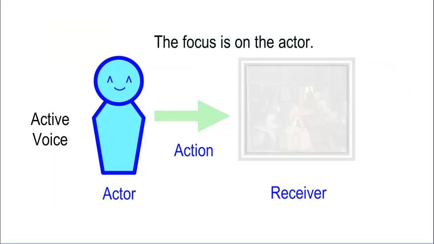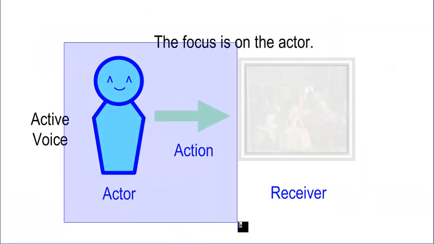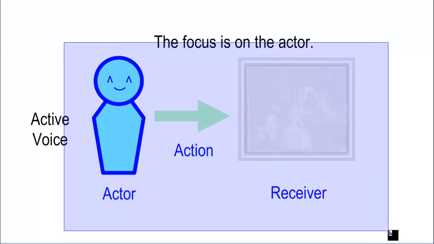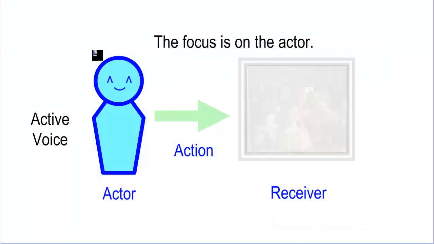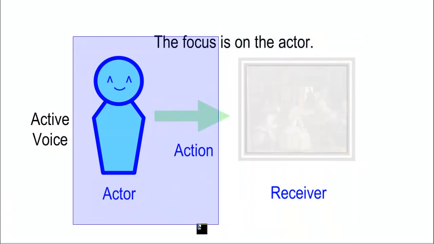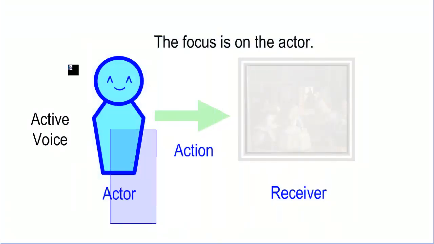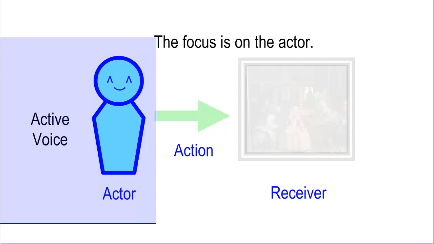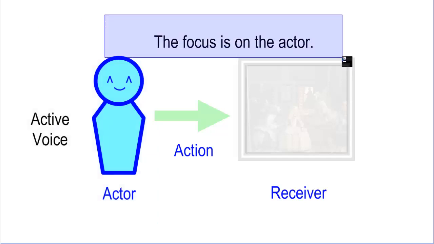And I can say, well, the actor does the action on the receiver. In this case, I could say, he painted Las Meninas. He is the actor. And that's the idea of the active voice. Because you are focusing on the actor, the performer of the action.